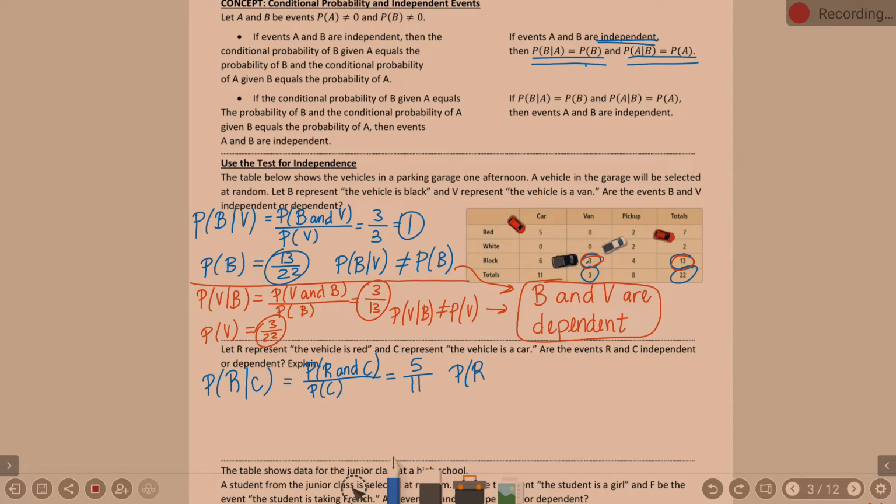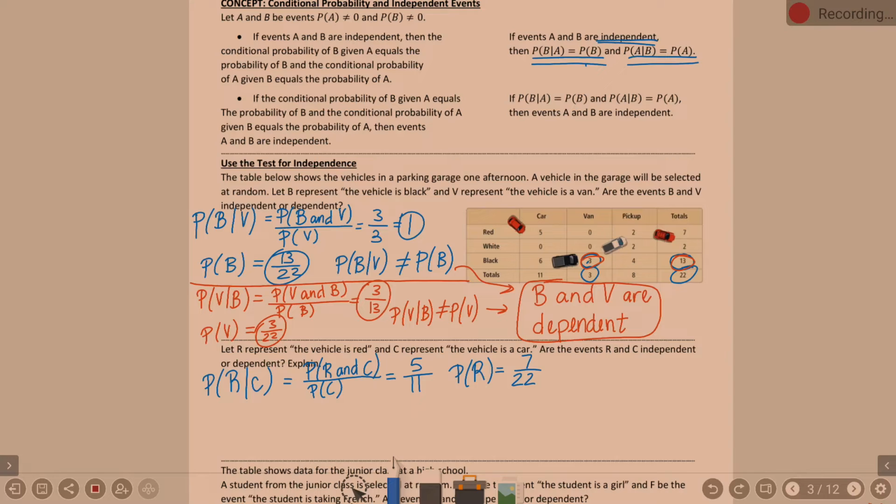Probability of the first piece, so R. What is the probability of a vehicle being red? How many red vehicles do we have? 7. 7 red out of 22.